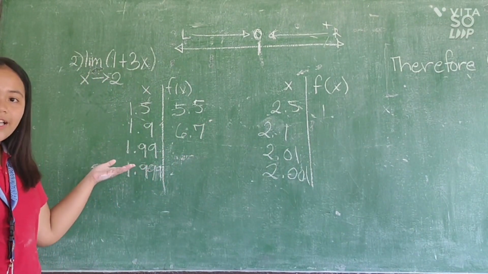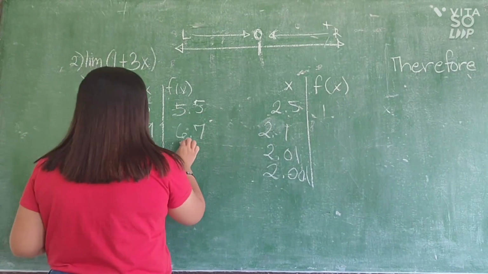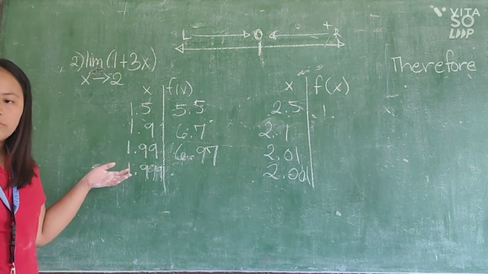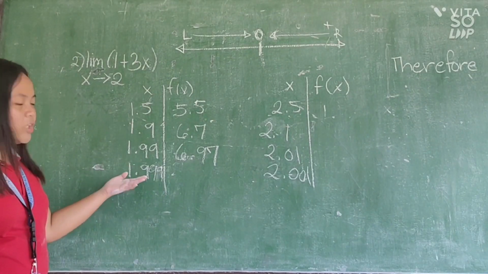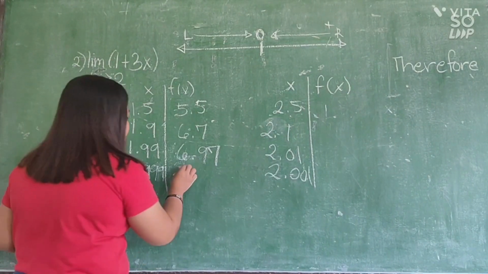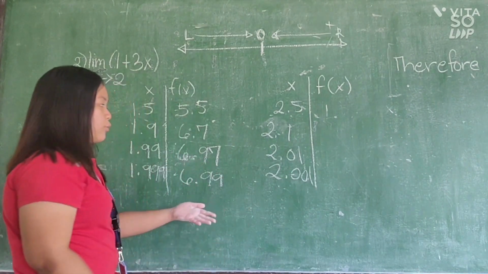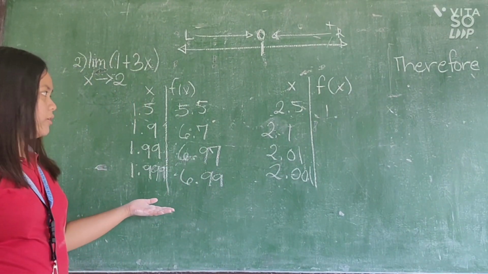Sa ating 1.99 is 6.97. And sa ating 1.999 is 6.99. Dahil 2 decimal points lang ang ating kukunin.